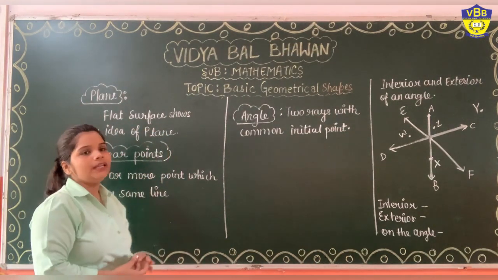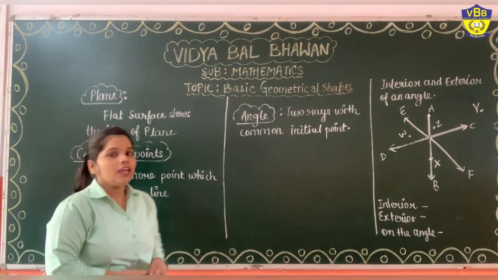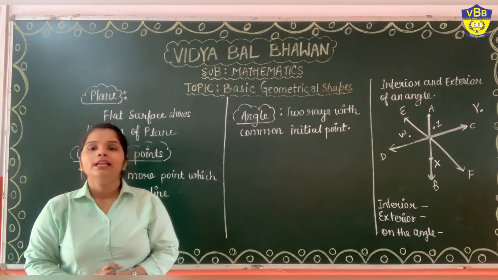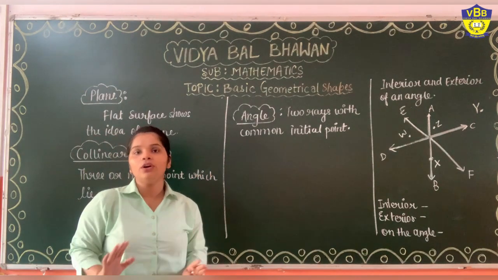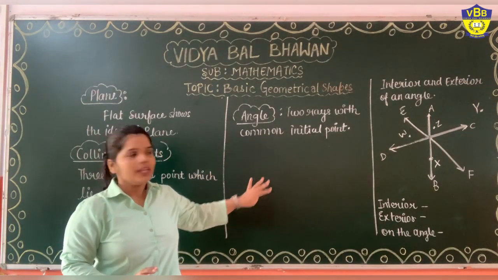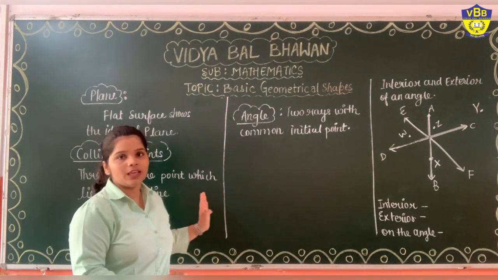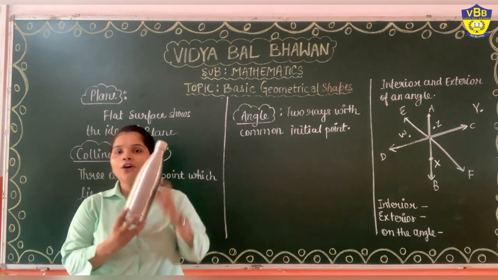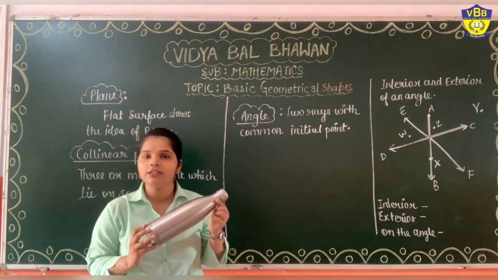Plane. What are planes basically? If I talk about any solid object, like this green board, it is a solid object. It has some surface. Like if I have a water bottle, this is a solid object.